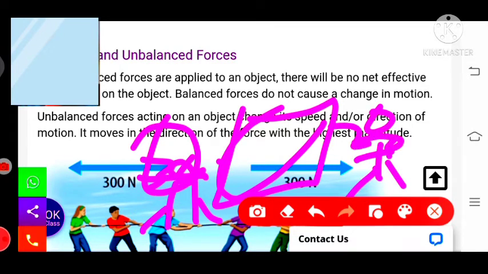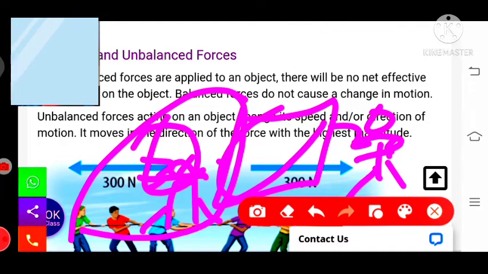So the force applied by you is greater than your friend's, so the box moves in that direction.